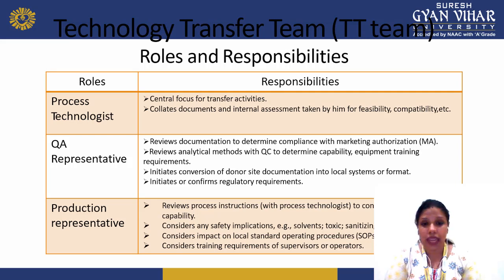Second is review analytical methods and QC to determine capability and equipment training requirements. Basically QA is involved for quality assurance, and for quality assurance obviously the documentation is important, the analytical method review is important, the training is important. So all these things are done by the QA representative.